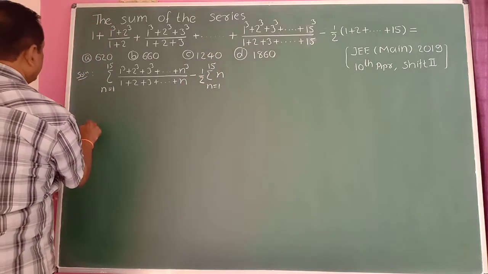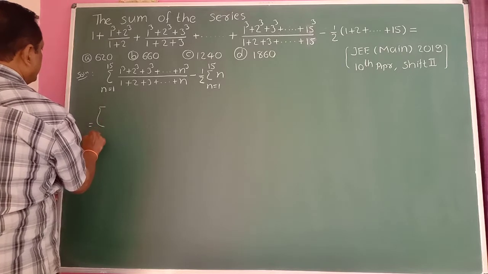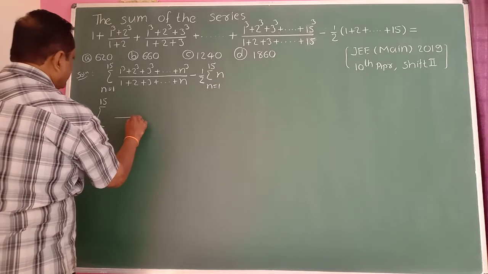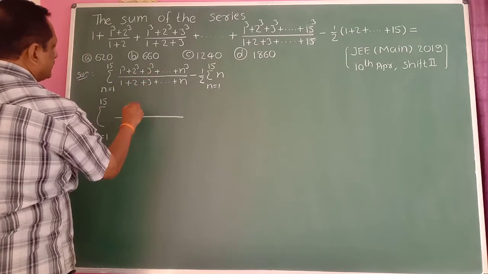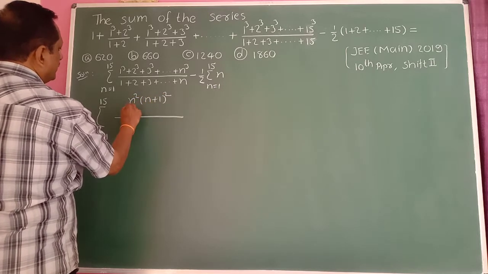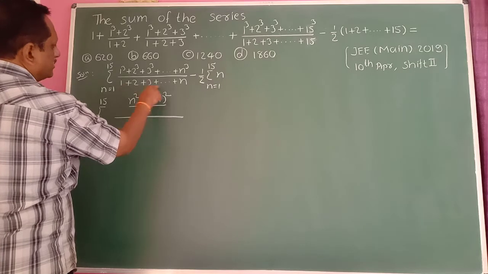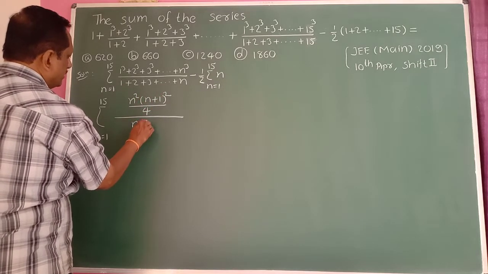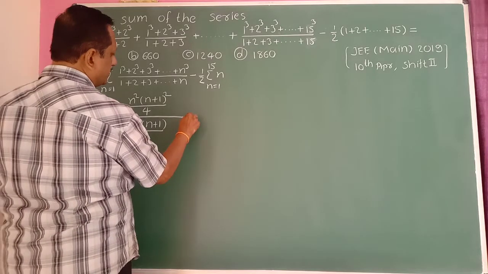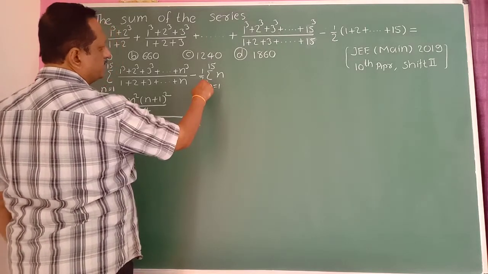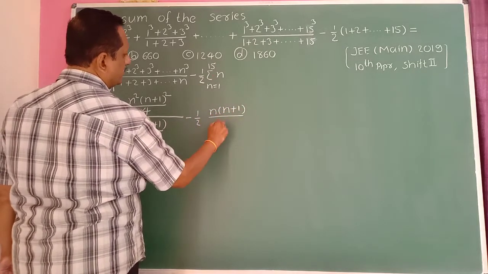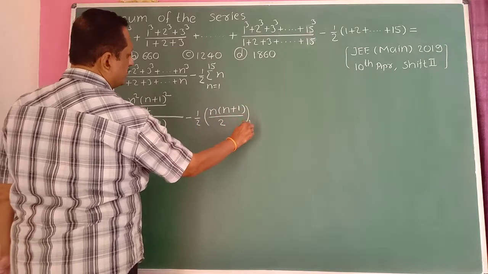Therefore this is equal to the summation of n equal to 1 to 15. You know the standard formula: the sum of cubes gives n square into n plus 1 whole square divided by 4, and the sum of n is n into n plus 1 divided by 2, minus 1 upon 2 into the summation of n, again n into n plus 1 divided by 2, where n is equal to 15.